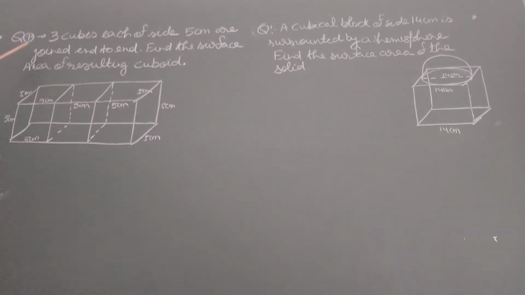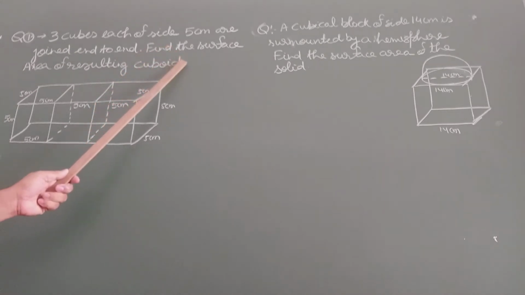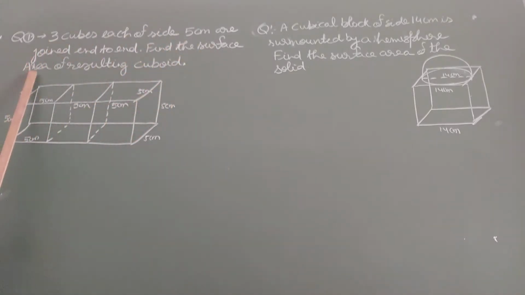First question is 3 cubes each of side 5 centimeter are joined end to end. Find the surface area of resulting cuboid.